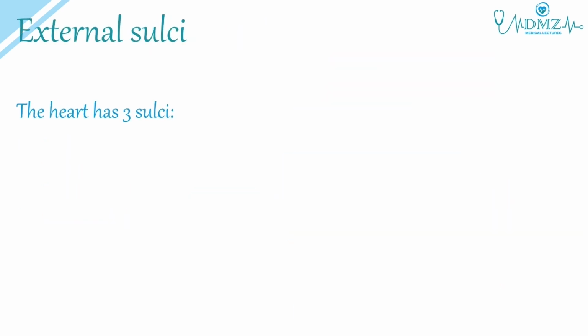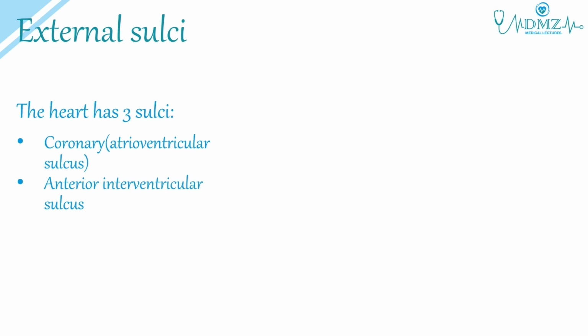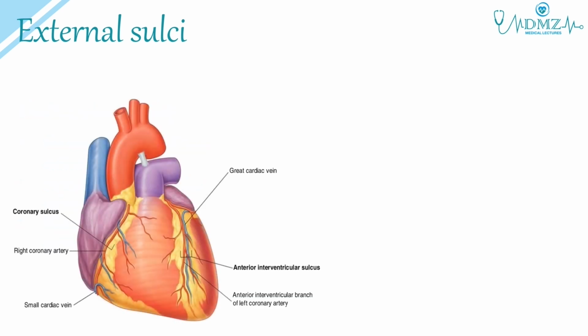The heart has 3 sulci: the coronary or atrioventricular sulcus, the anterior interventricular sulcus, and the posterior interventricular sulcus. This is the coronary sulcus that circles the heart, separating the atria from the ventricles.